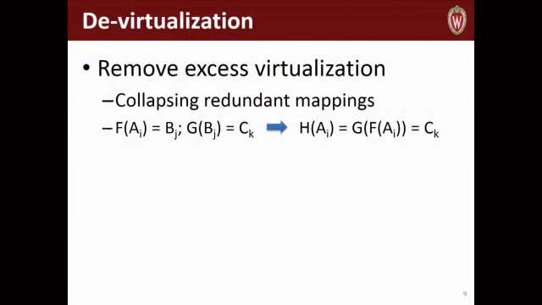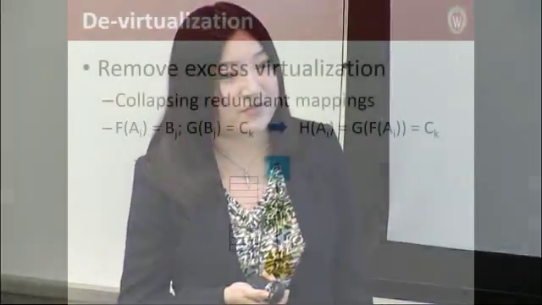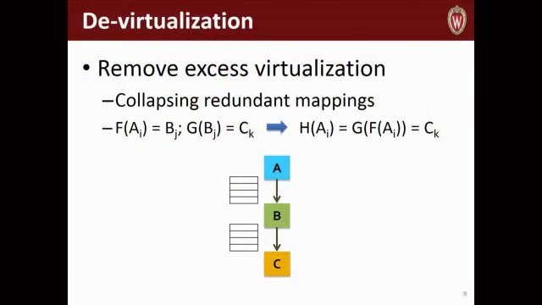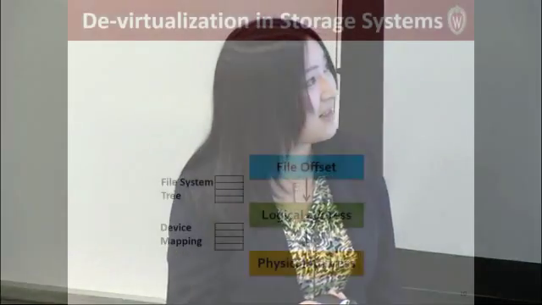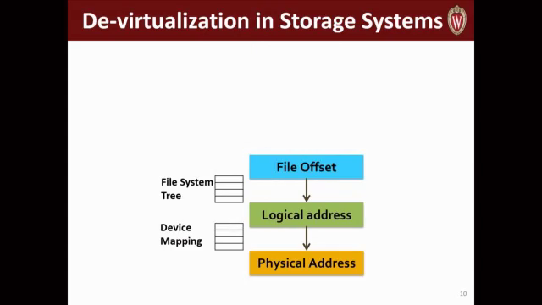And the technique we propose is de-virtualization, which collapses multiple levels of virtualization. In this example, we collapse the two levels of virtualization and remove the mapping from B to C and directly map from A to C. And now imagine if we have a file system on top of a virtualized device.